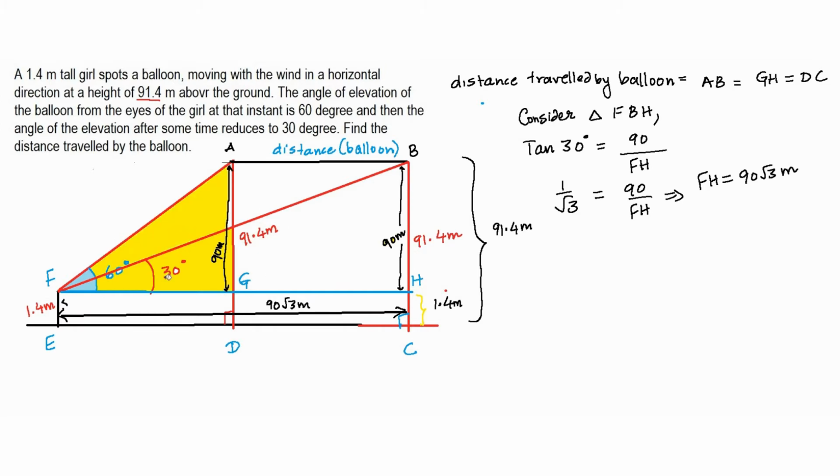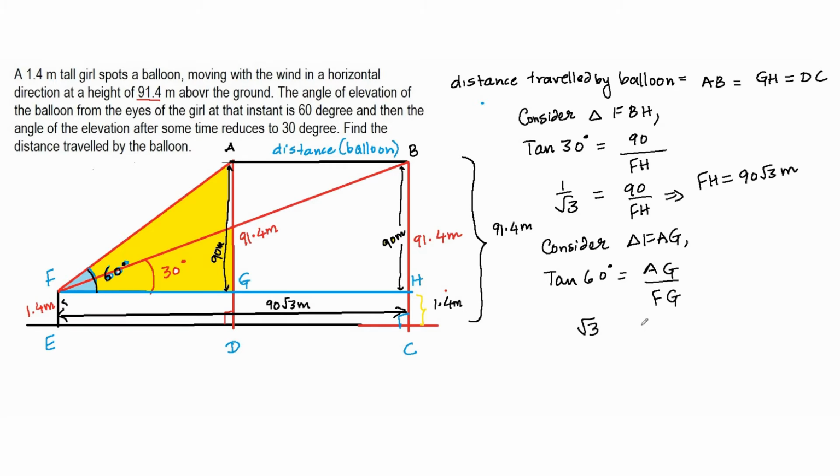So in triangle FAG, I have 60 degree angle, right? That was the first angle of elevation. So I have this 60 degree angle, and of course I have 90 meters. So I can find FG. Again, I can say consider triangle FAG. So in triangle FAG, tan 60 degrees is again going to be equal to AG divided by FG.